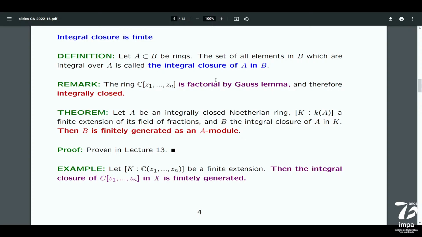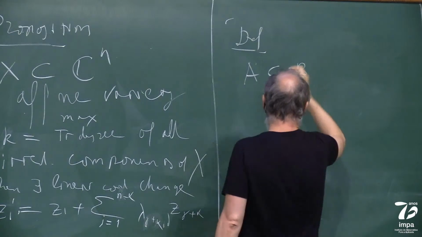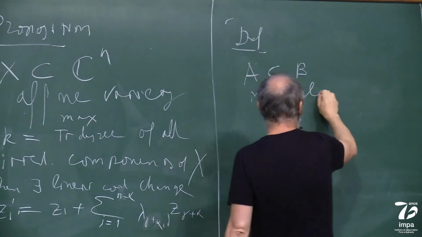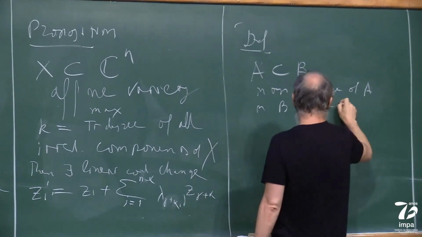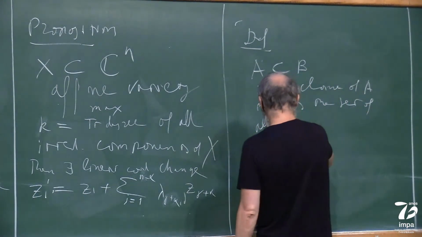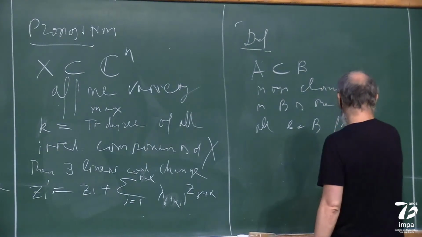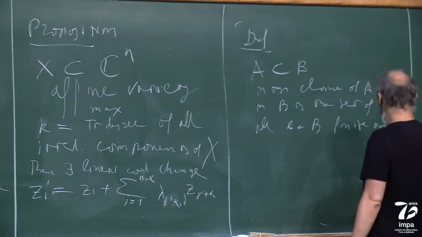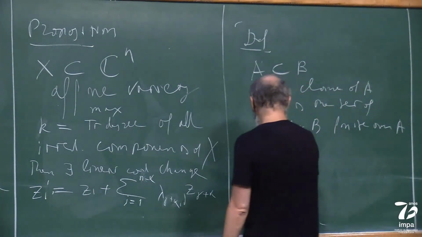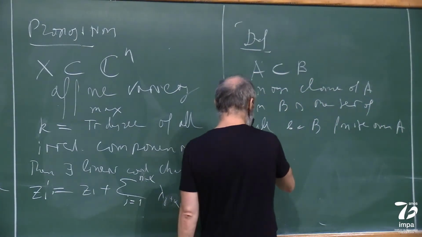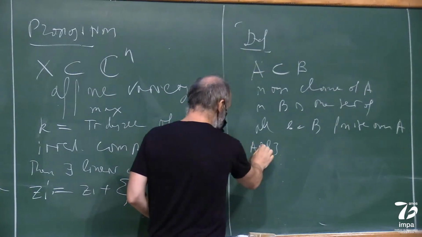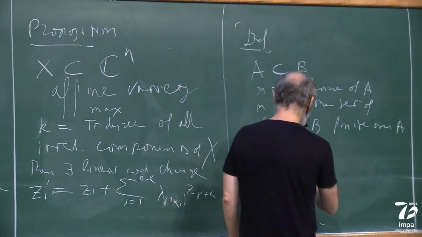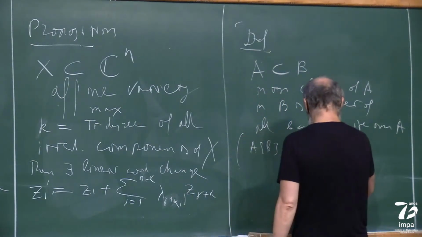So, definition: if you have A and B, the integral closure of A in B is the set of all b inside B which are finite over A. In other words, A[b], the subring in B generated by A and small b, is finitely generated as a module.